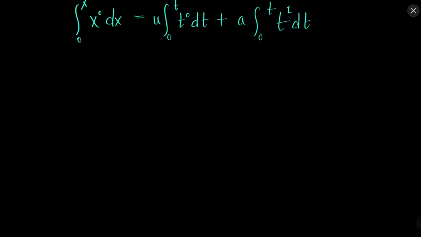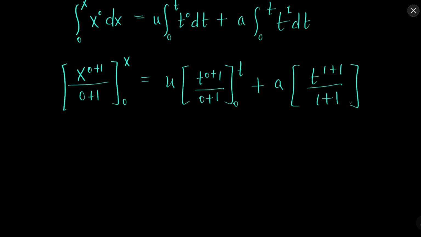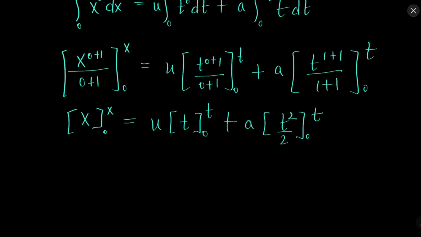So what will I get? I will get x to the power 0 plus 1 upon 0 plus 1, same formula, 0 to x equal to u, here again 0 plus 1 upon 0 plus 1 and 0 to t, and plus acceleration is constant. Now what will happen here? t to the power 1 plus 1, because n is 1 here, upon 1 plus 1 from 0 to t. So I will get x, 0 to x, equal to ut, 0 to t, plus at square by 2, 0 to t.